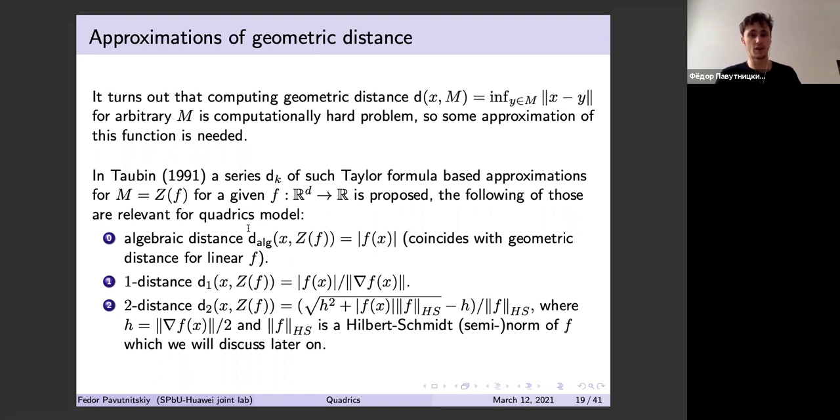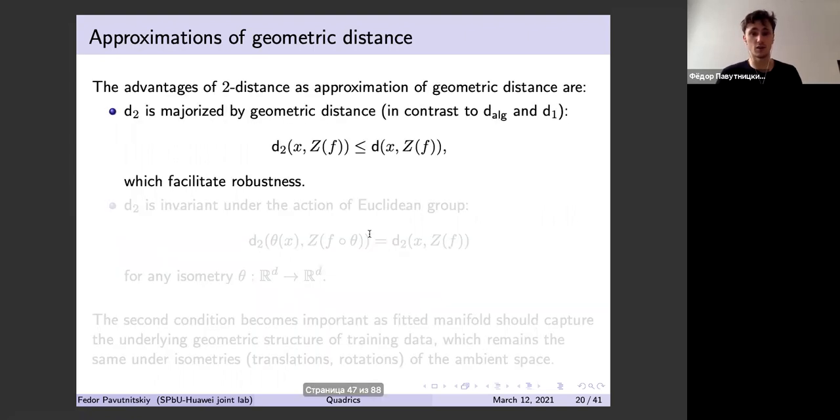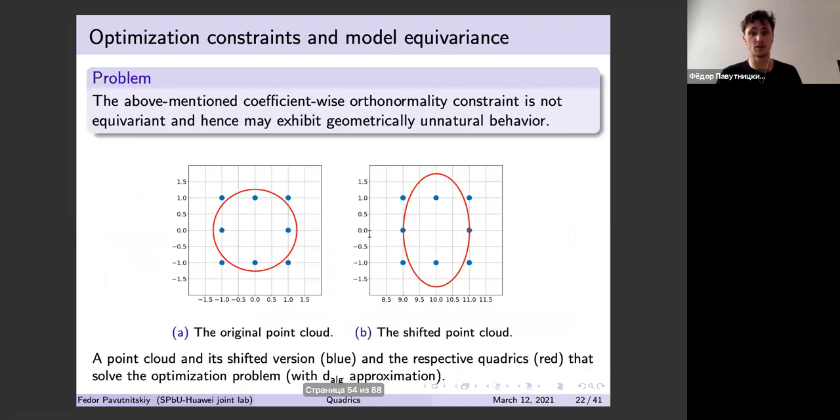So with algebraic distance, it's some sort of kernel PCA. So it has some advantages, such as that it can be solved as an eigenvalue problem, right? So it's fast, and so on. But in this particular project, we were mostly interested in the robustness of the model. That's why we decided not to use algebraic distance.